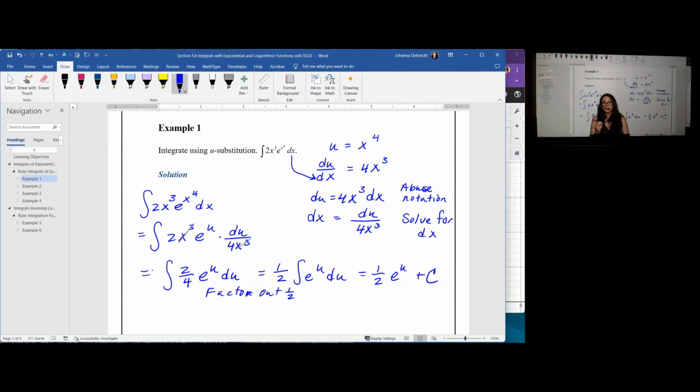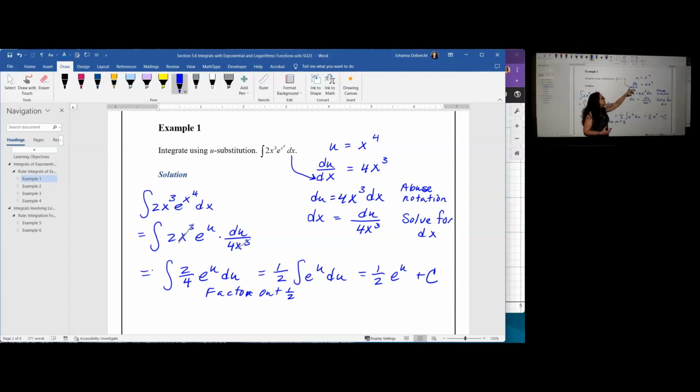Now remember, when you're doing u-substitution, you have to back substitute to get back to the original variable. In our original indefinite integral, we were using the variable x. That, in an indefinite integral, is the variable you must end up with. In a definite integral, you're getting a number, so it's different. But in an indefinite integral, you're getting an antiderivative function.